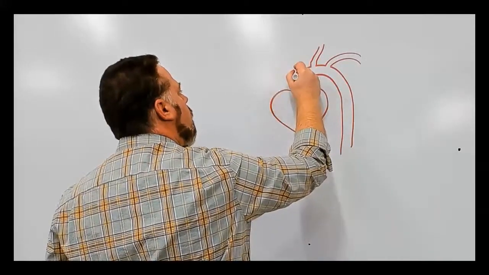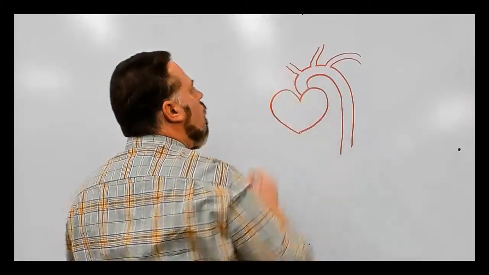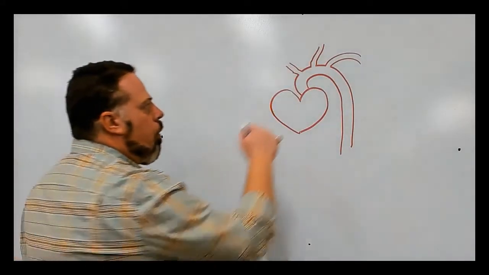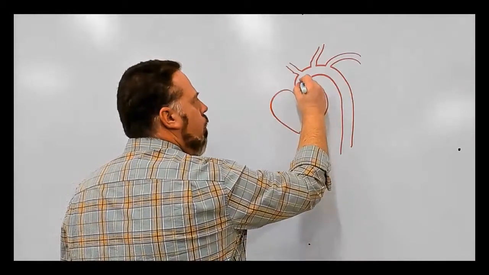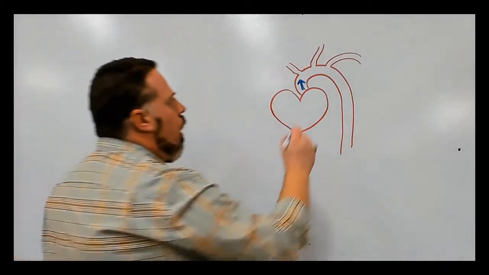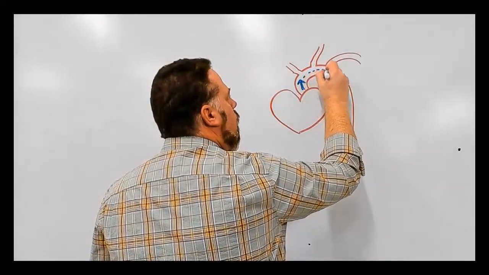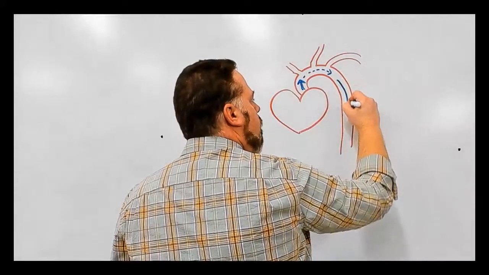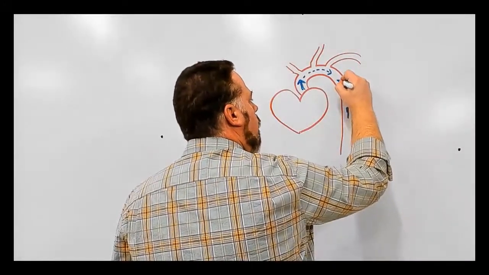Let me just show you like this. This is going to be the ascending aorta, and then you're going to have this aortic arch, and then you're going to have the descending aorta.